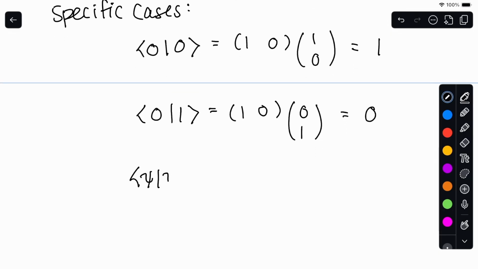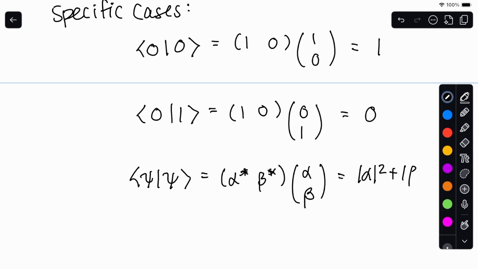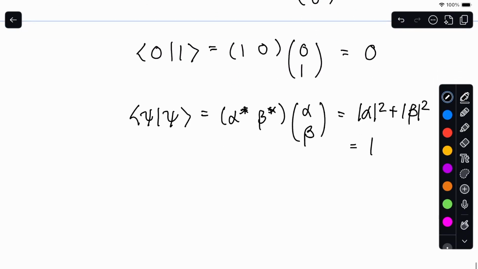And then we can also consider the inner product of an arbitrary state with itself. And because our states are normalized, that's going to be 1. So this is our normalization condition cropping up again, that alpha squared plus beta squared needs to be equal to 1.